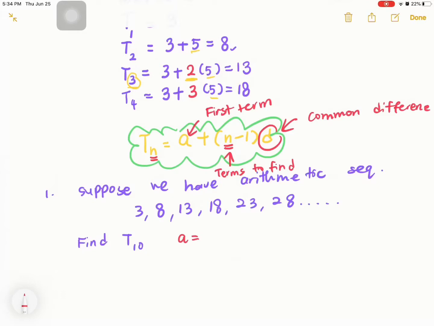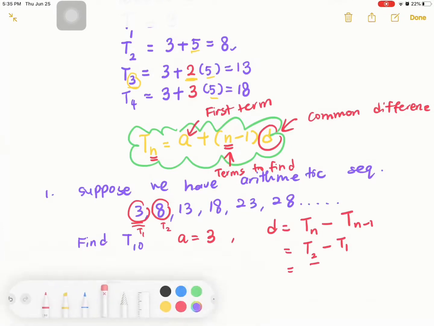A is normally situated at the first number of the sequence, so A is 3. Now, what about D? To find D, we minus the terms. This is the formula for D: Tn minus Tn minus 1. This is term number 2, this is term number 1, so T2 minus T1. Then we'll get 5.